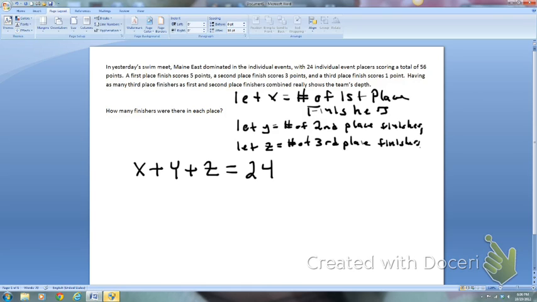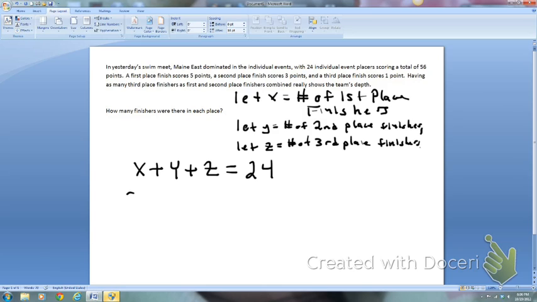That's one equation. I also know that these placers scored a total of 56 points. Maybe I can set up an equation that involves the total points earned. I do know that for every first place finish, I scored 5 points.